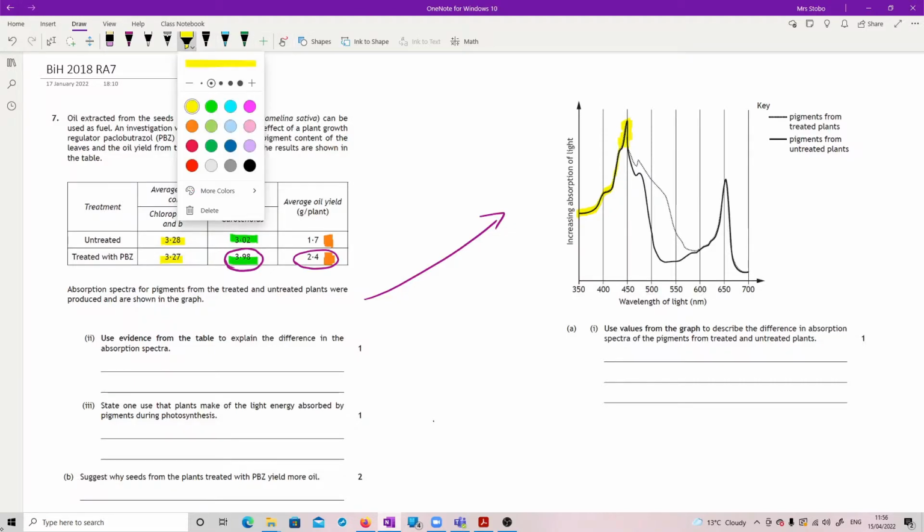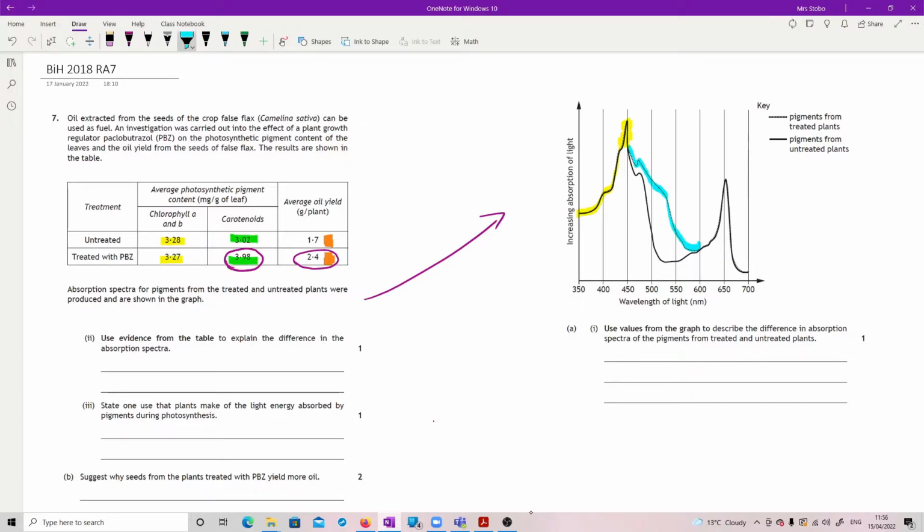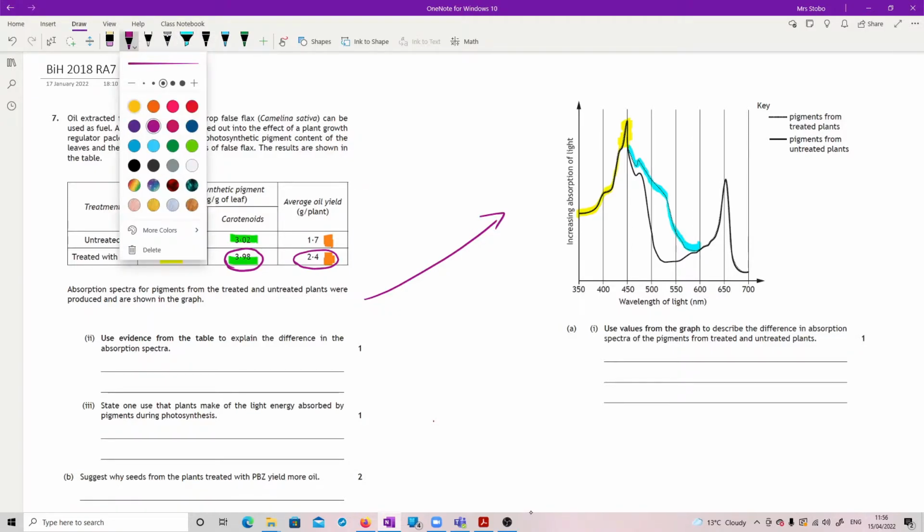At this point, the dotted line is now higher than the solid line. So if that's higher than the solid line, then this has got a greater absorption of light. That's all they're looking for, because it's only one mark.